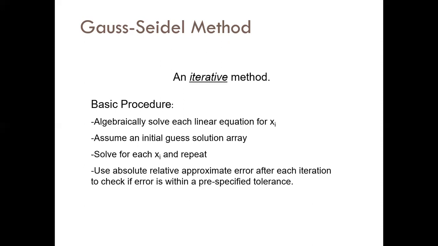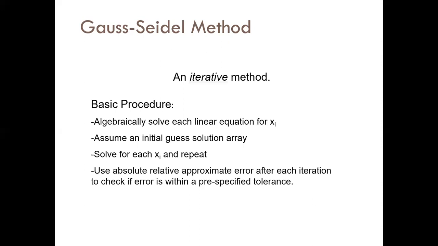Solve for each iteration, repeat the procedure and find the relative approximate error after the completion of each iteration. Then check whether this error is less than the pre-specified tolerance.